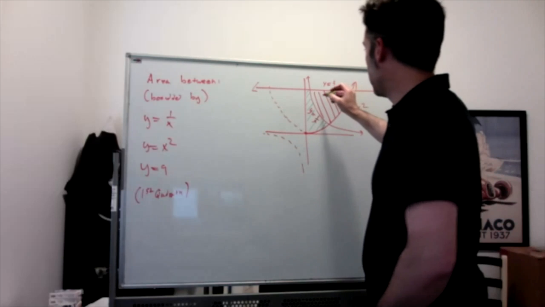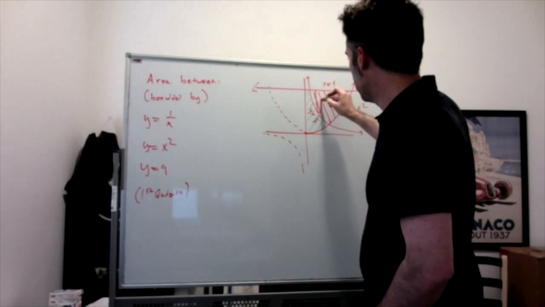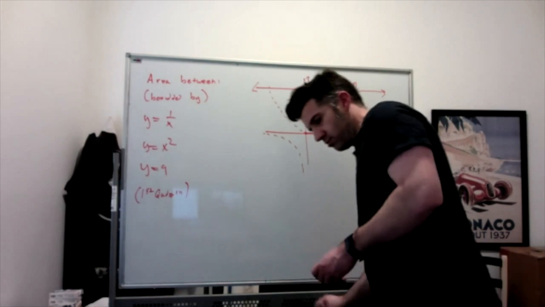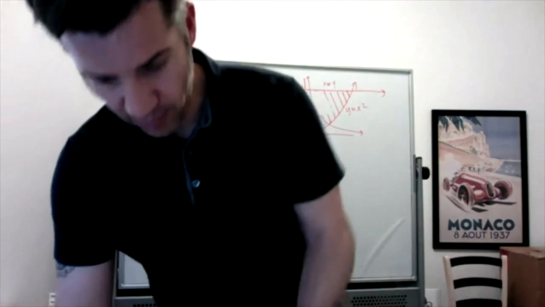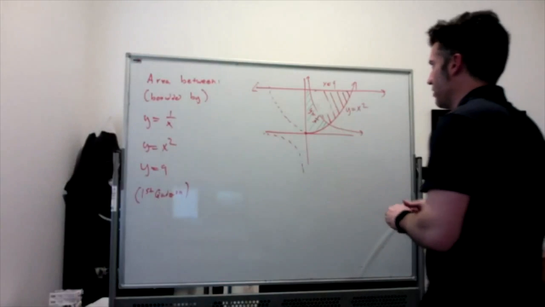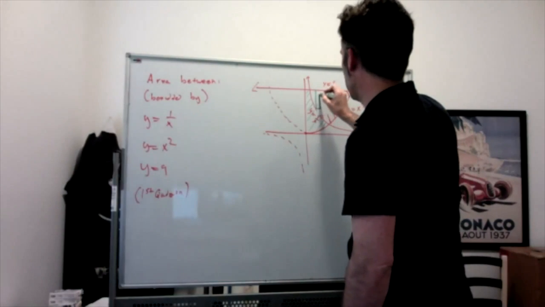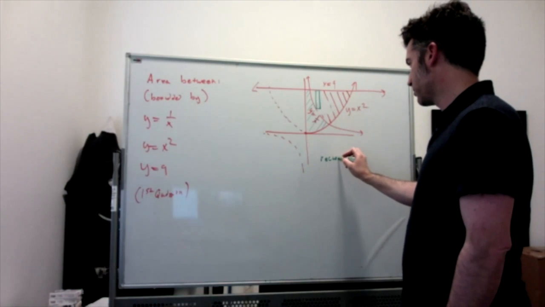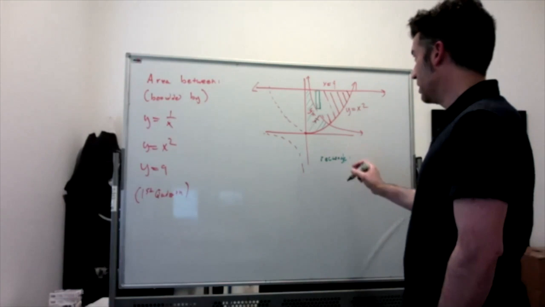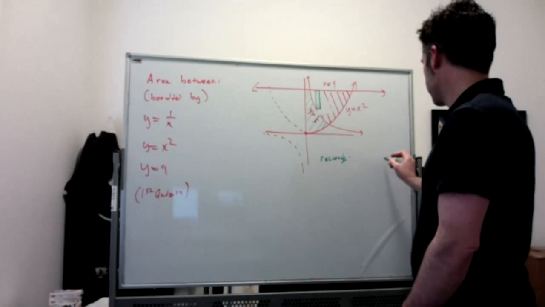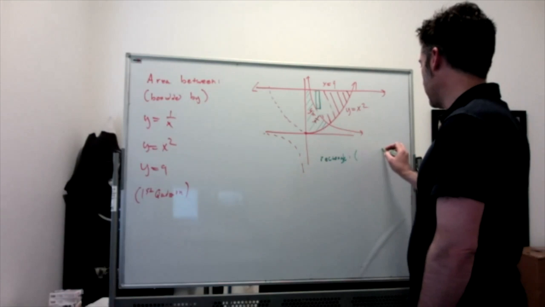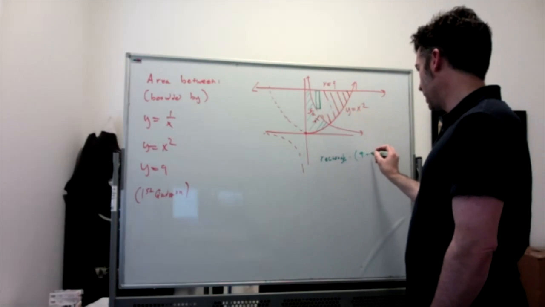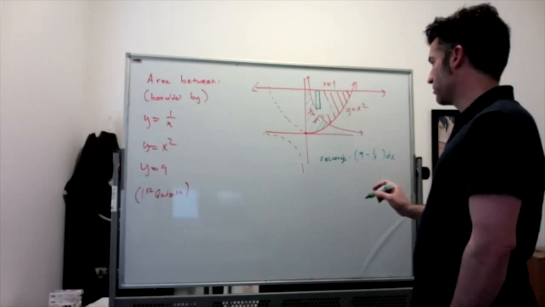So if I look at, say, this rectangle here, that rectangle, its base is dx, and its height is the top function minus the bottom function, which is 9 minus 1 over x.